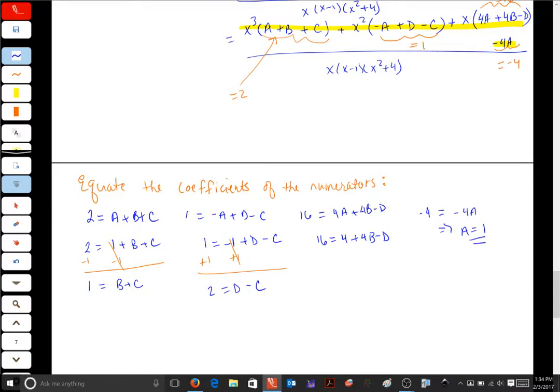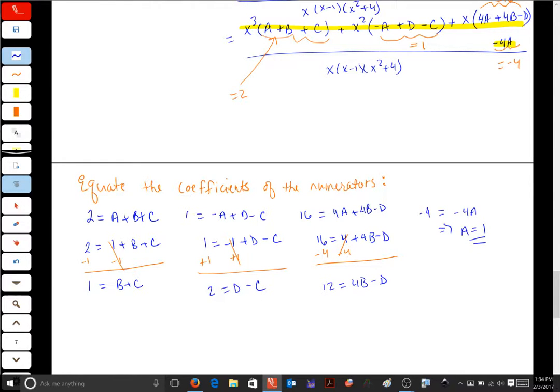And over here, I need to subtract my minus 4. And what do you get? 16 minus 4, 12. 4b minus d. Now I've got that fairly simplified.